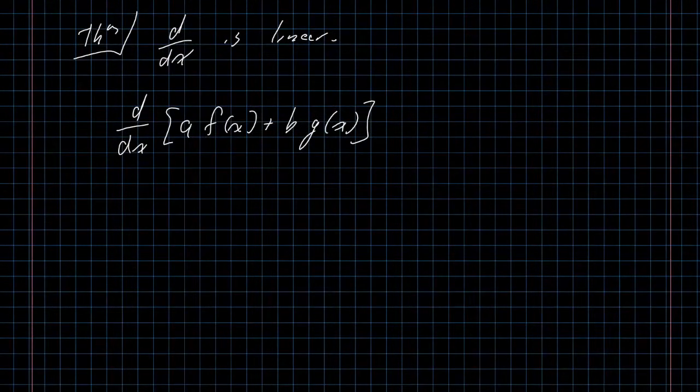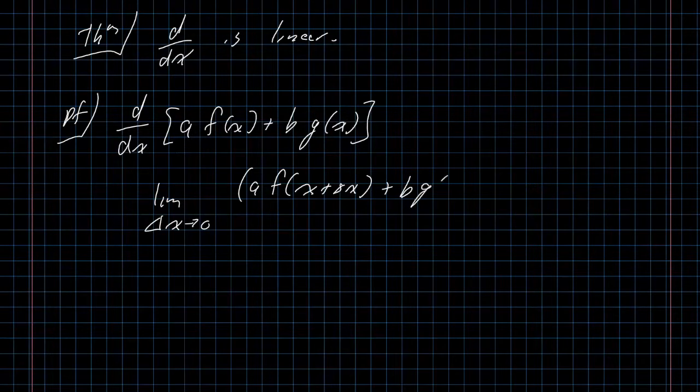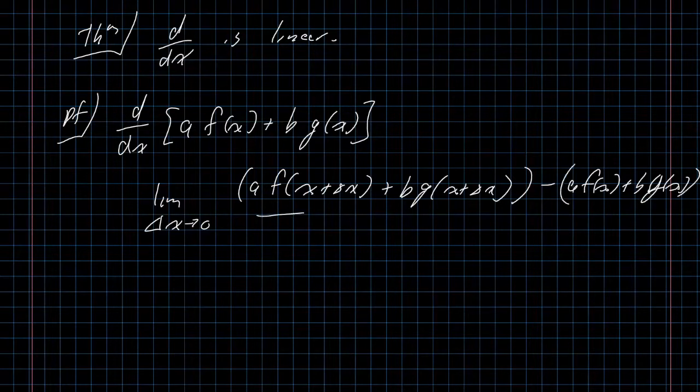well, you're going to be looking at the limit as delta x goes to 0. I forgot to write down that this is a proof. Let's write that down. Limit as delta x goes to 0 of a times f of x plus delta x plus b times g of x plus delta x minus a f of x plus b g of x all over delta x, which is the limit as delta x goes to 0.